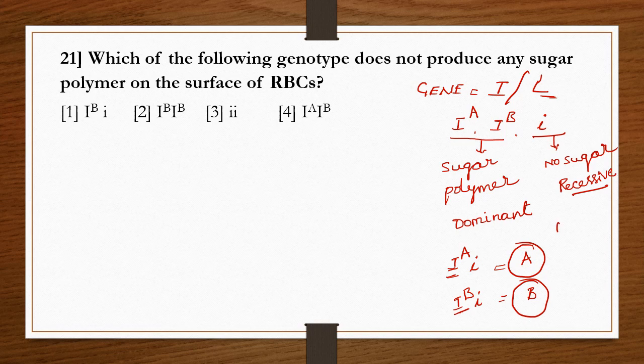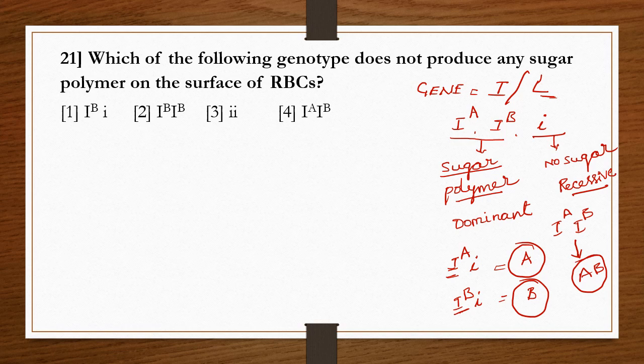When both IA and IB are present, both produce the sugar polymer, so both express their character. That's why it is AB blood group, and it is the phenomenon of codominance.